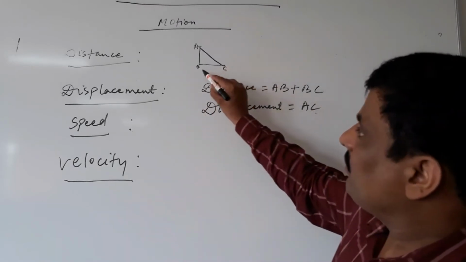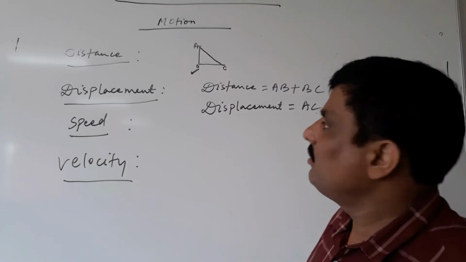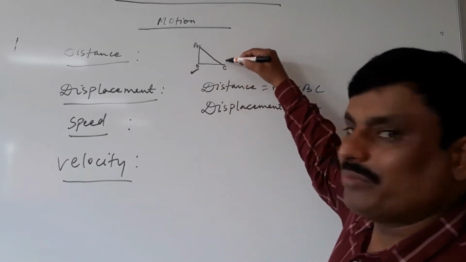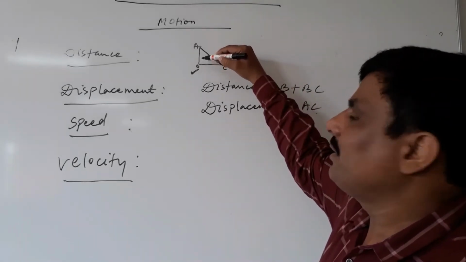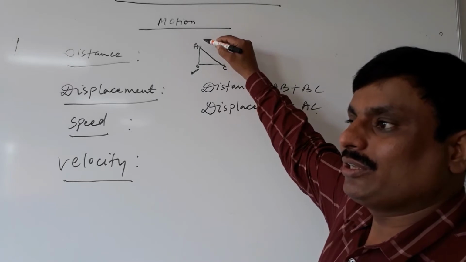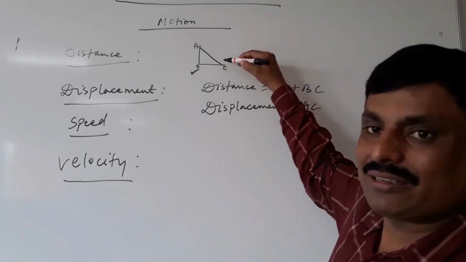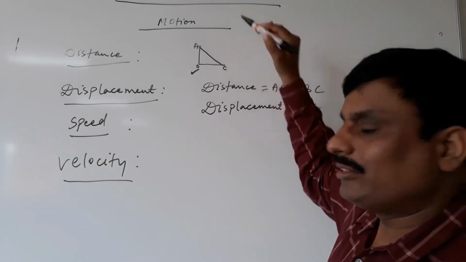From this drawn figure, what is concluded? AB plus BC means a long distance, a long path covered by the object, whereas in this case the path is shortest, easily covered by the body.